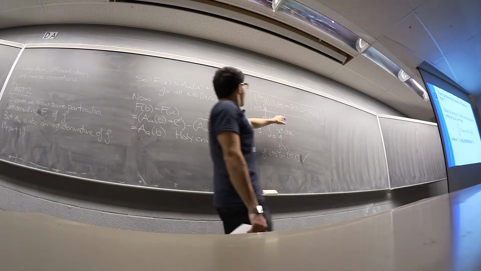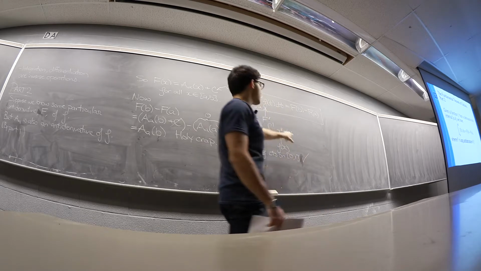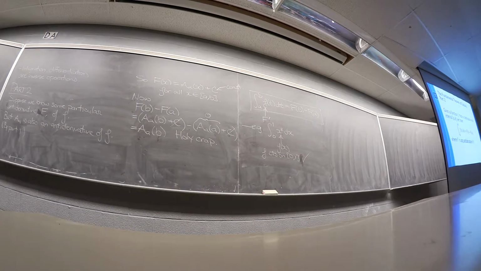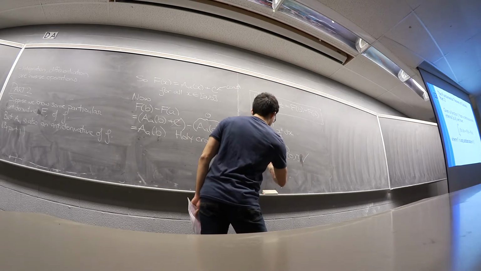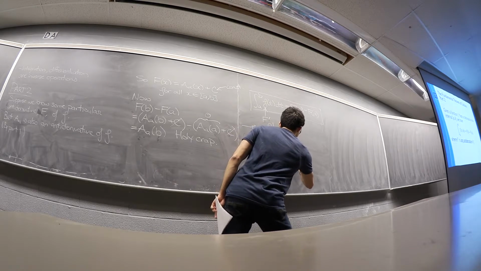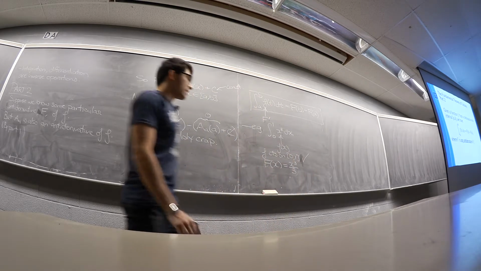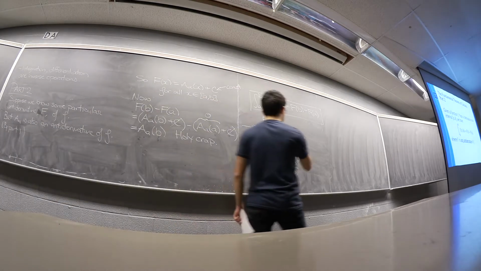So we want to calculate this thing. We need to find an antiderivative. What's an antiderivative of x squared, people? Good. An antiderivative would be x cubed over 3. Anyone will do. Evaluate the endpoints and subtract.